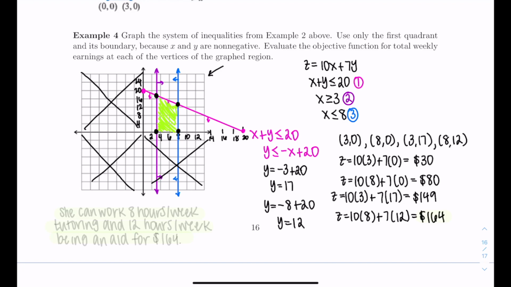And so because this is the biggest one out of all of them, that means the maximum that she can make in a week is $164.